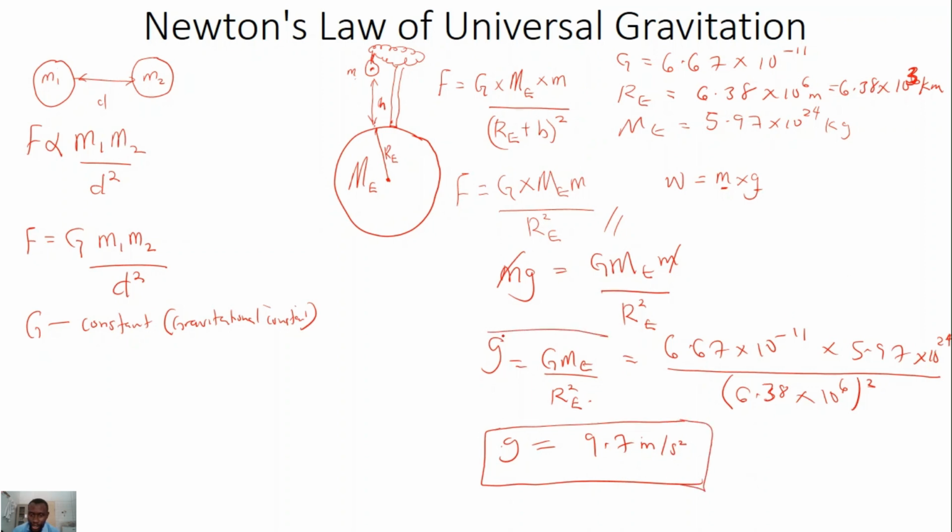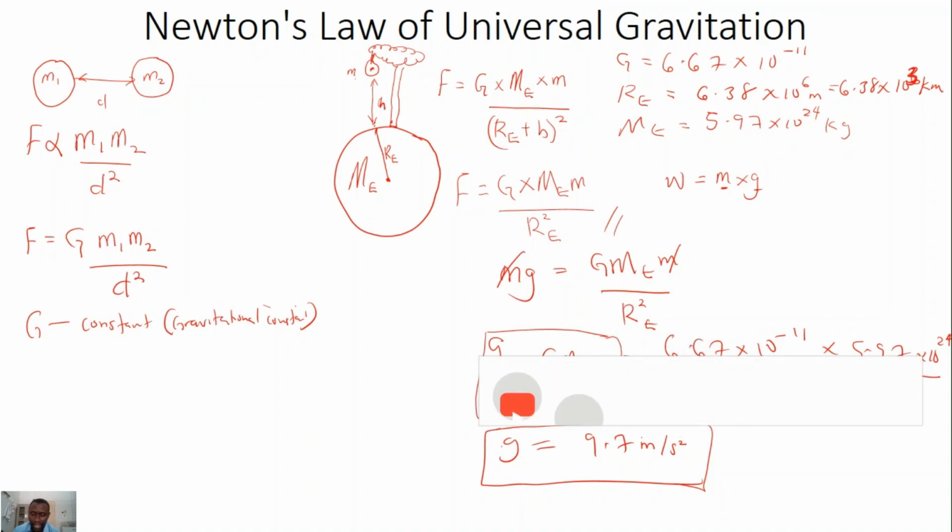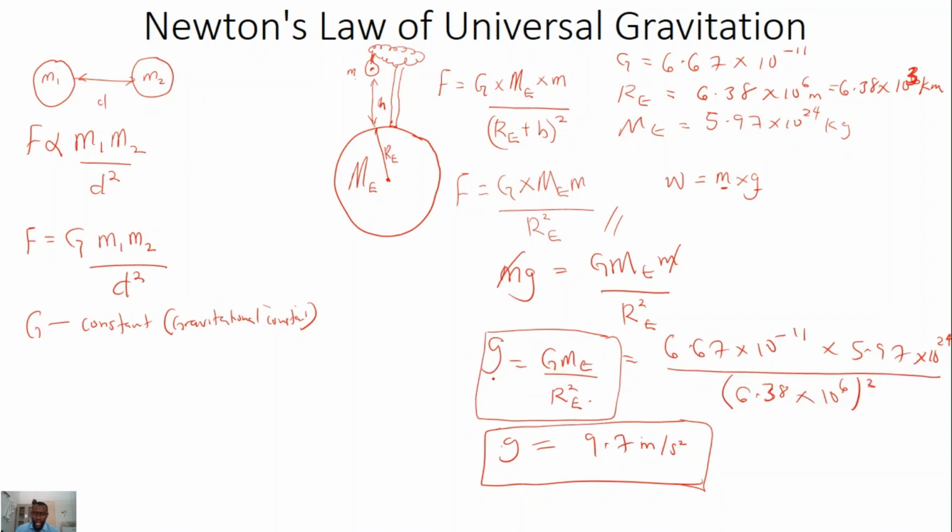Take note from this expression that as this distance increases, the acceleration due to gravity decreases. Therefore, the weight of an object as we move to higher altitude tends to decrease. What do I mean? Let's imagine this earth and an object here. From the center of the earth to the object, let's say the height is h.